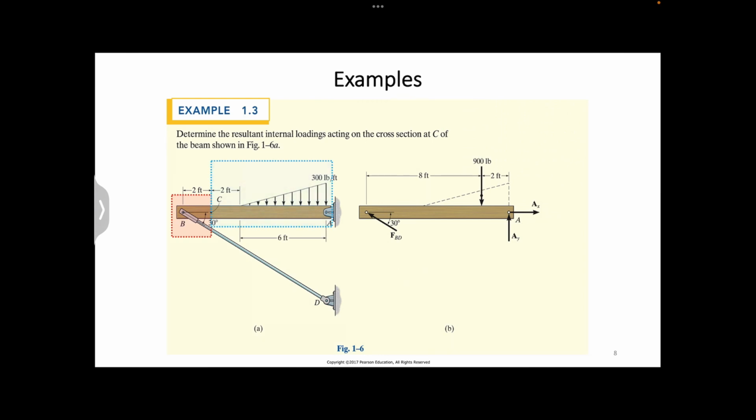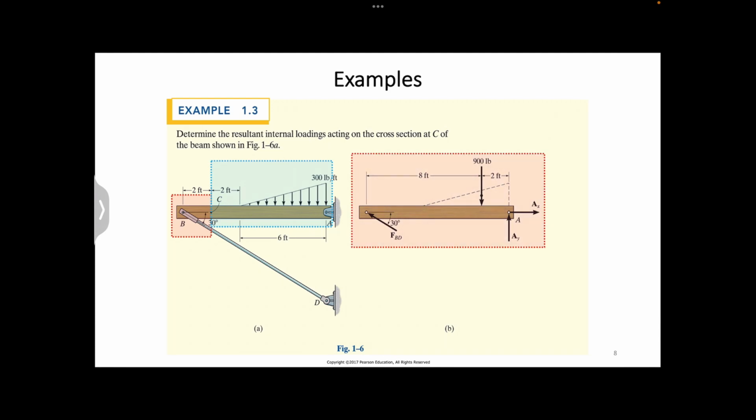That means in either case, we still need to find the support reaction acting on the beam. We already know that to find the reaction, we should plot the free body diagram for the entire beam. Noticing that member BD is a two-force member. Now, assuming we decided to use the left segment of the beam to find the internal loadings at C, we will then use this free body diagram to find the force FBD.